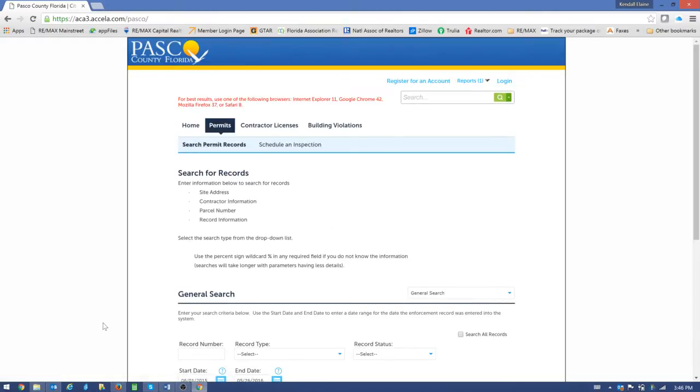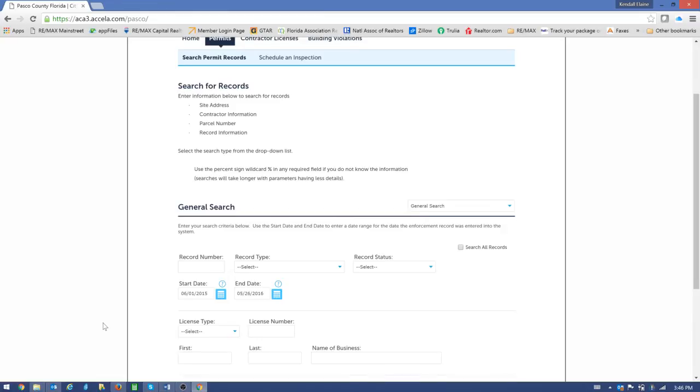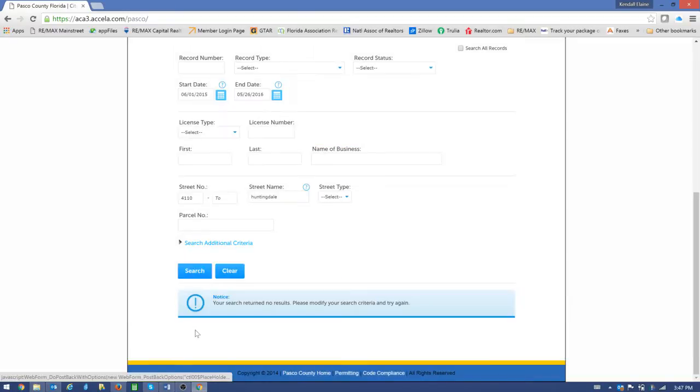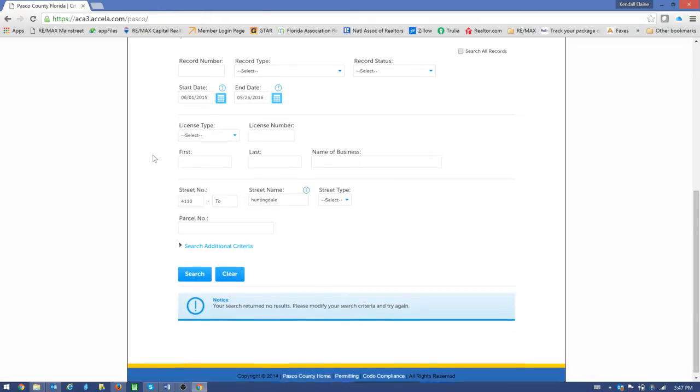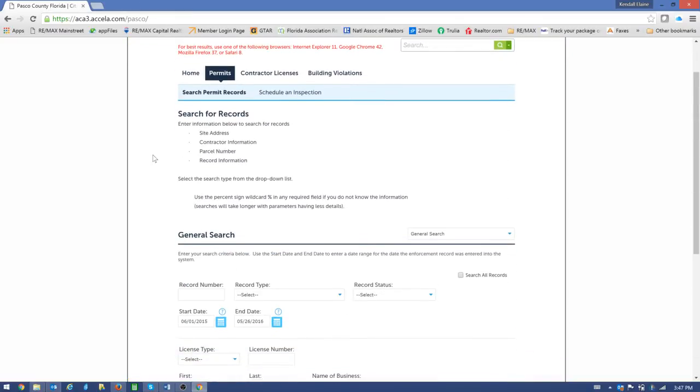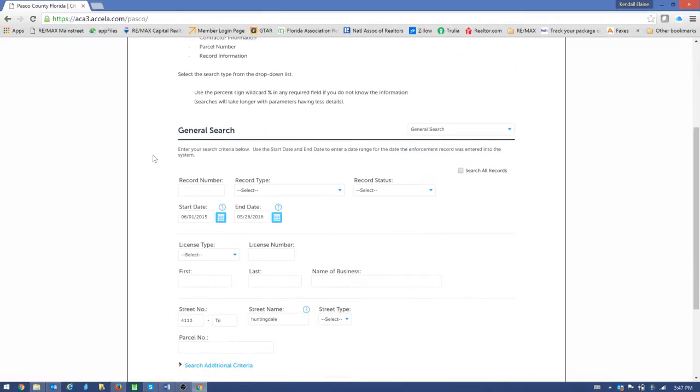And we're going to put in one of my old houses because I know we had permits pulled. Search. Are we in Pasco, Florida? Yeah, we are.